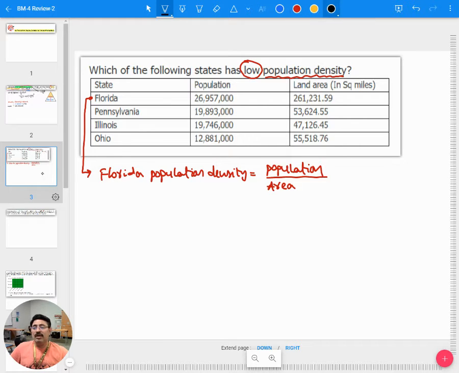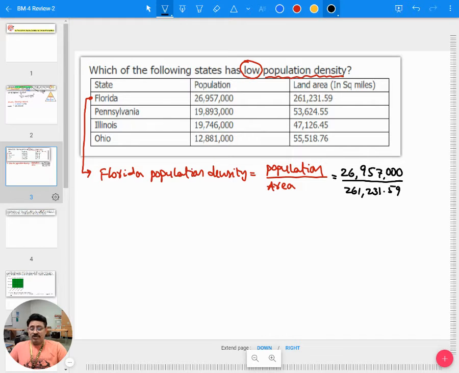So here population is given. Oh my gosh, too big a number. So let me write it here: 26,907,000 over 261,231.59 square miles.